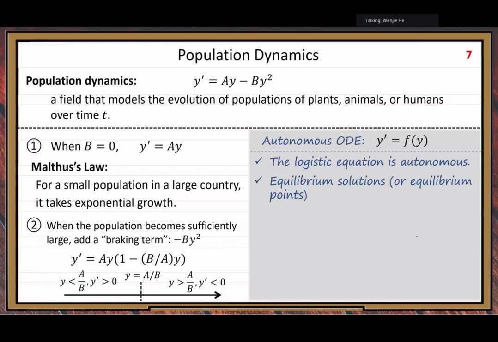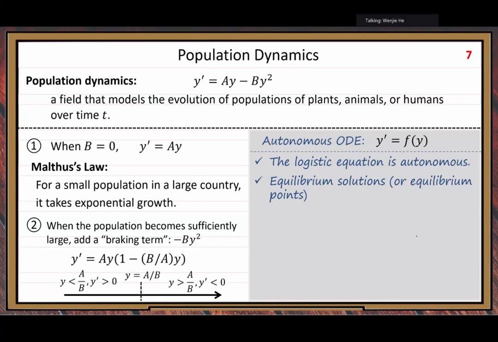Then another concept, equilibrium solutions. When you look at the equation, the function here, think about when y equals 0.